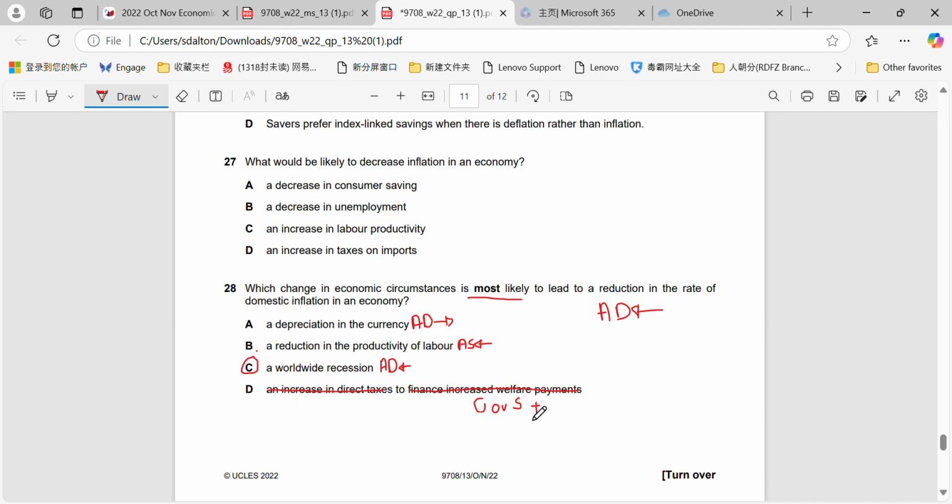So the increase in government spending would be matched by the decrease in consumption and investment. And that would result in, if they were the exact amounts, the increase in direct taxes collected equaling the increase in government spending, then AD would remain unchanged. And that would not help us to decrease our inflation rate.